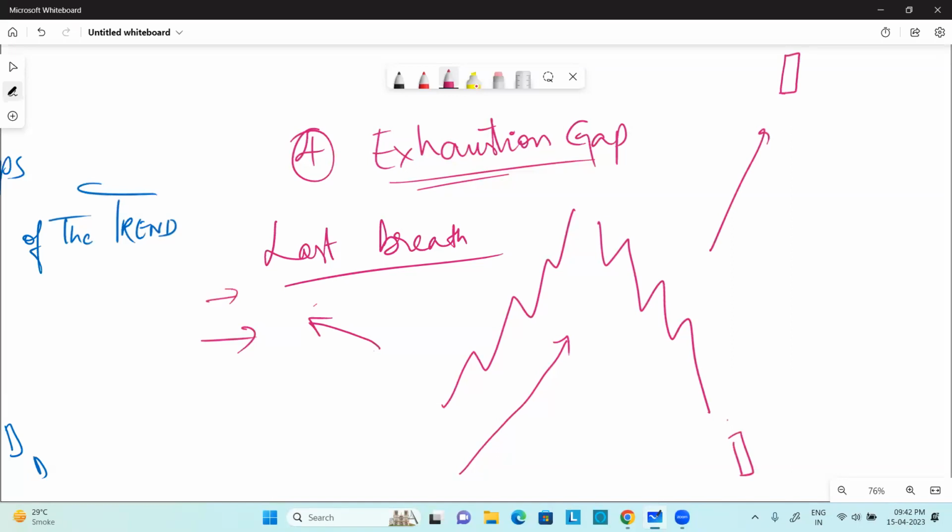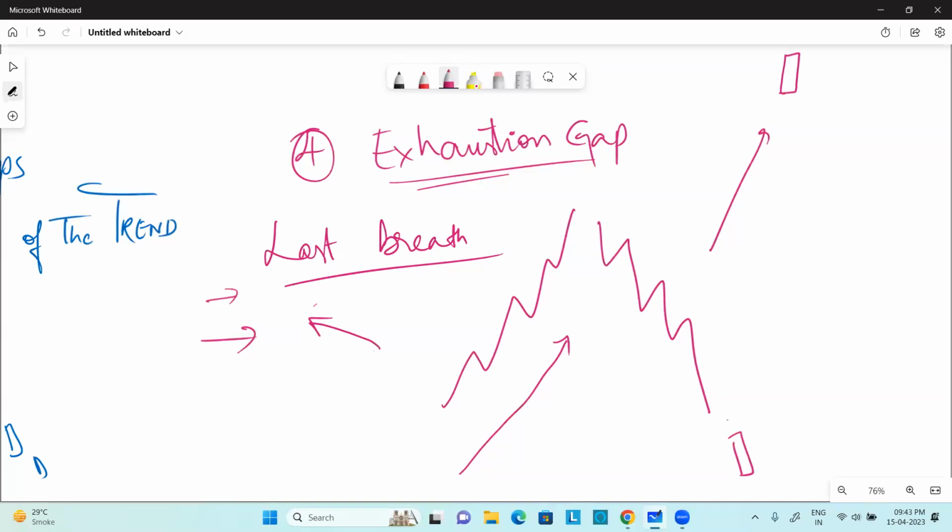खत्म, टाटा बाय बाय. ओके. इसी के झटका इसी को बोलेंगे exhaustion gap. Exhaustion gap will happen always at the end of the movements.